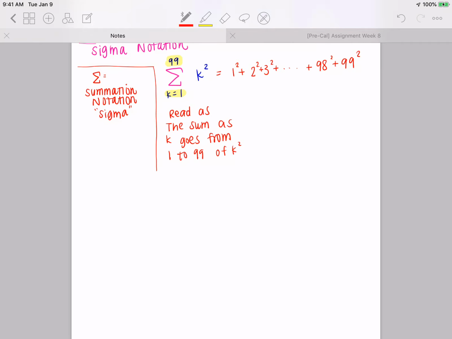Okay, I'm going to do one of your homework questions. That's the last thing we're going to do. I'm going to do number 28. You will see a question that looks like this: the sum as k goes from 1 to 90 of 5 over 7 to the k power.